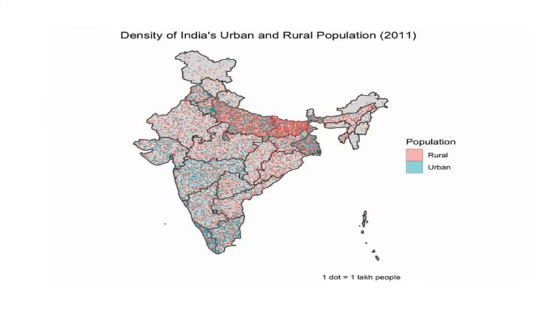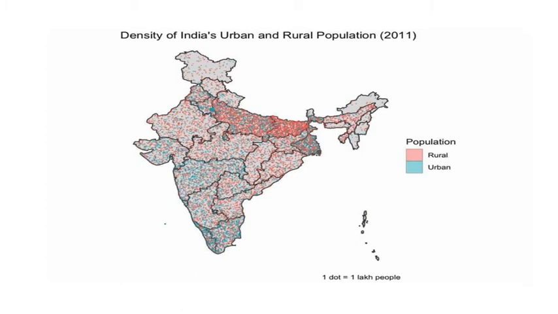This is the example of dot method. In the map of India showing the density of India's urban and rural population in 2011, pink color shows the rural population and blue color shows the urban population. Now you can easily assess from this map that the concentration of rural population is high in UP and Bihar as compared to the other states.